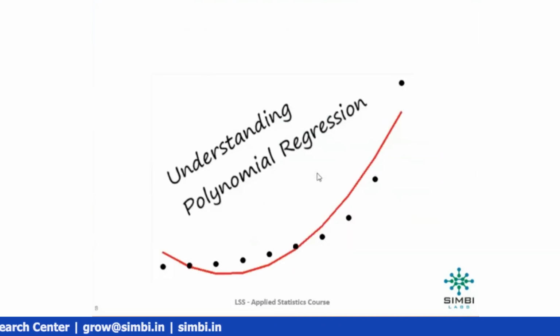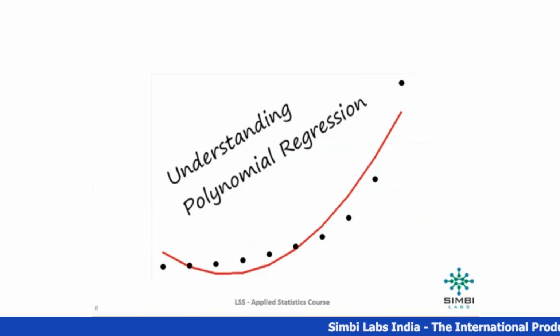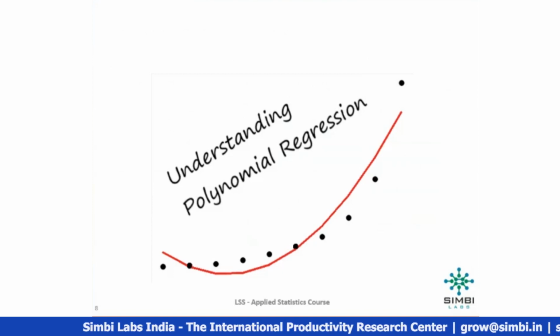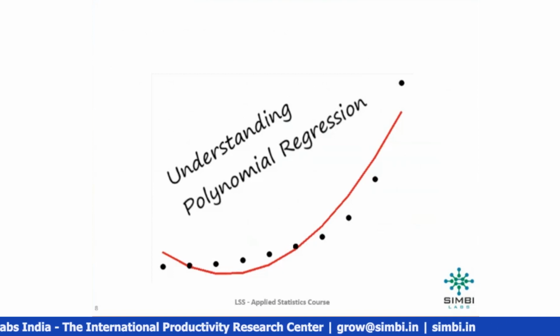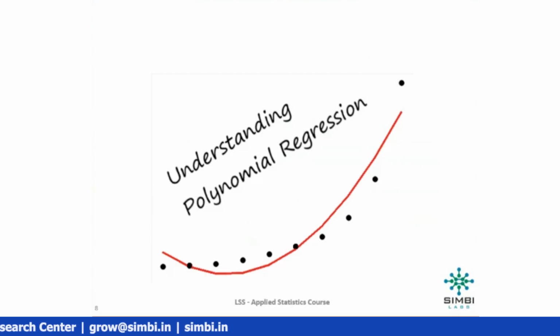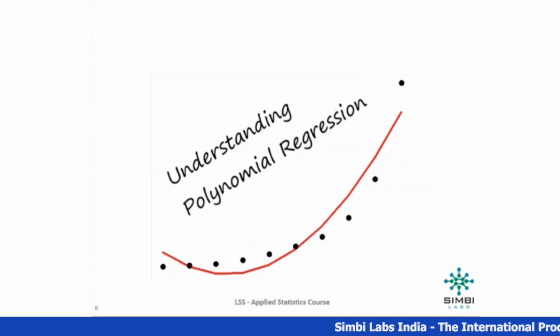Let's go deeper into what polynomial regression is and why we need it. It is mainly used to check the relationship between the independent and dependent variables modeled as an nth degree polynomial. These polynomial regression models are usually fit with the method of least squares.